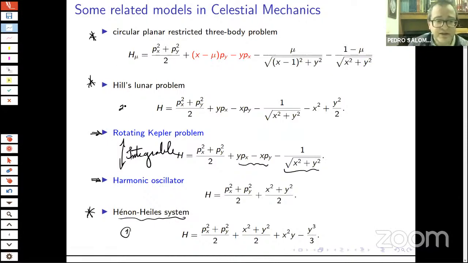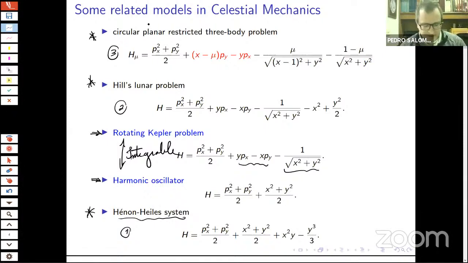And maybe this is the easiest one among these three Hamiltonians. The second is the Hill lunar problem. And the most difficult one is this guy here, the circular planar restricted three-body problem, which describes the motion of a particle or a satellite near two bodies, but now they are not fixed. They rotate along circular trajectories about the center of mass.